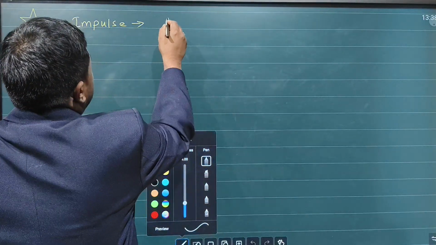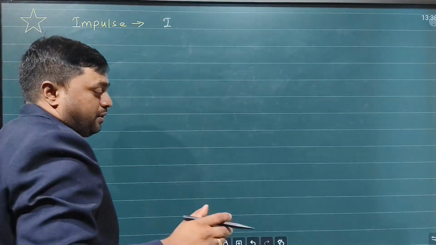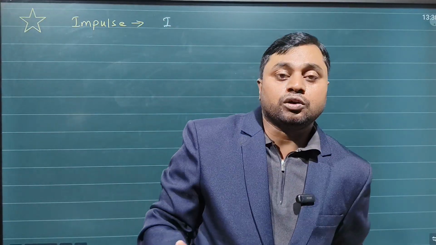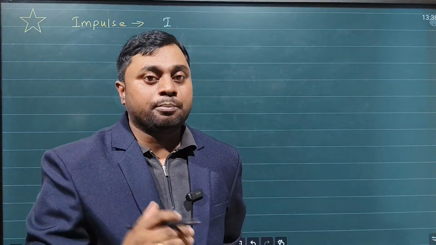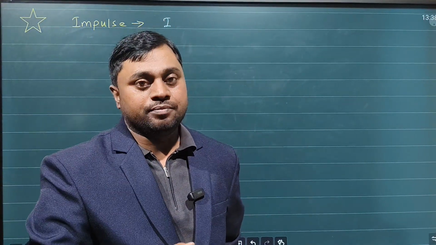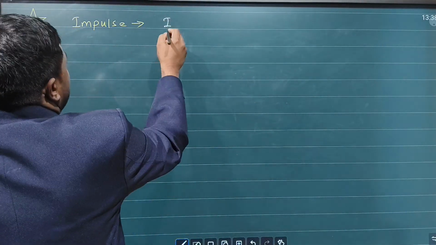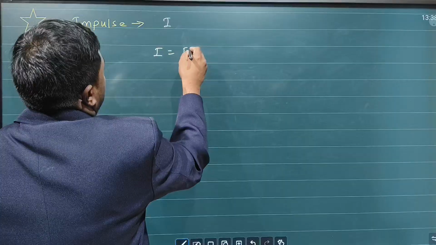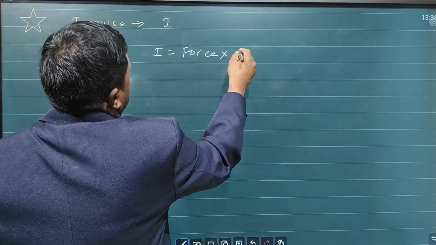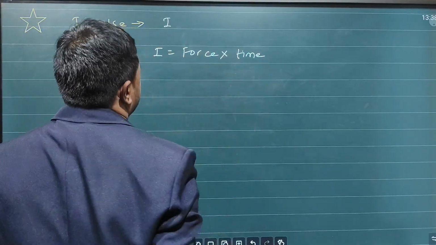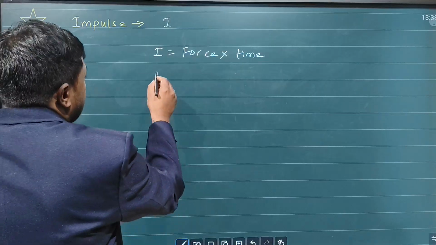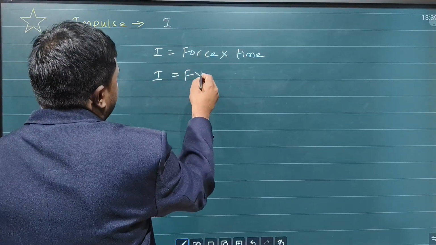What is impulse? If a large amount of force acts on a body for a short interval of time, it is called impulse. Impulse is nothing but force into time. Impulse is equal to F into t.